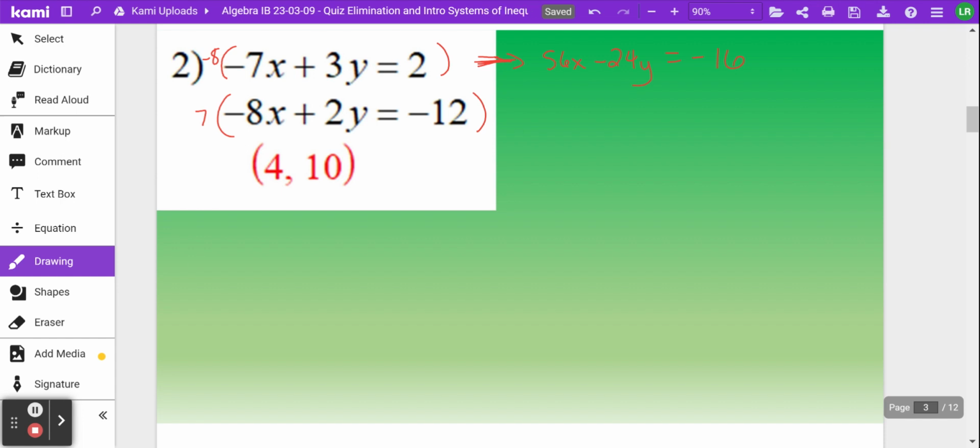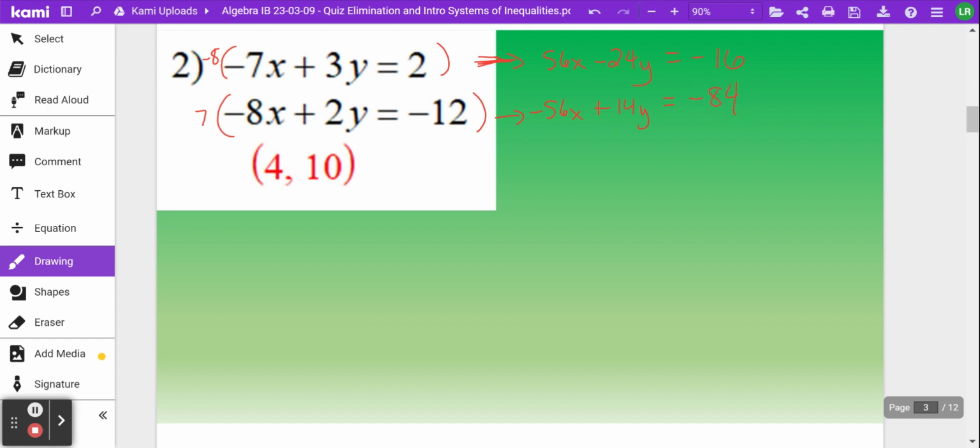And then the bottom, everything times 7. So I'd have 7 times negative 8x, that's negative 56x. 7 times 2y, that's positive 14y. And 7 times negative 12 is negative 84.